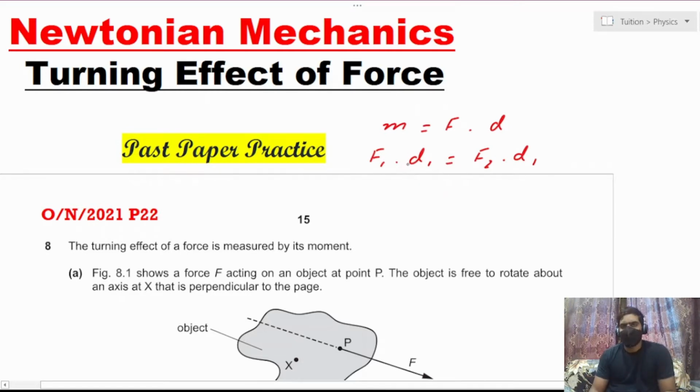So primarily we'll be using these two formulas for the most part. But if the question is mixed with another topic, like mass, weight, density and forces as well, then you have to use some additional formulas as well. But for this topic, only these two formulas would be used explicitly.